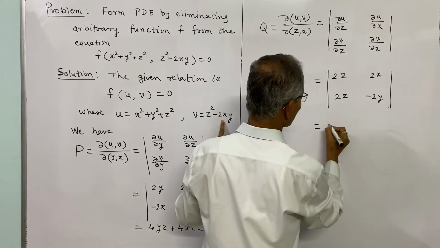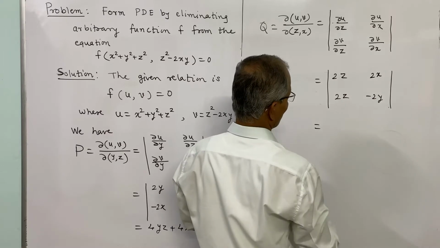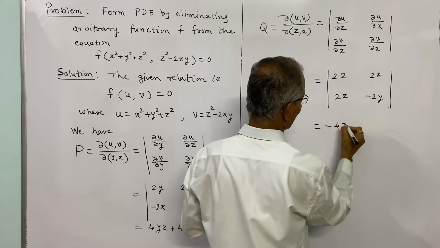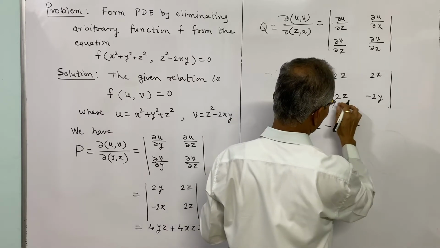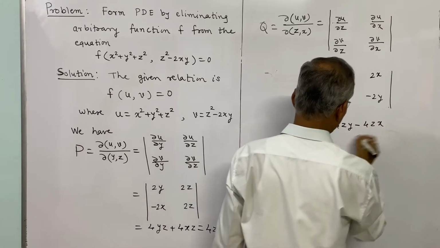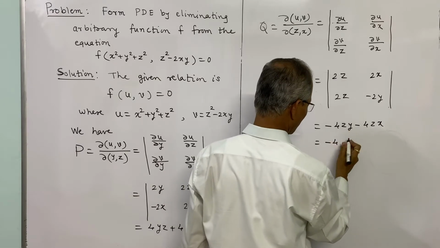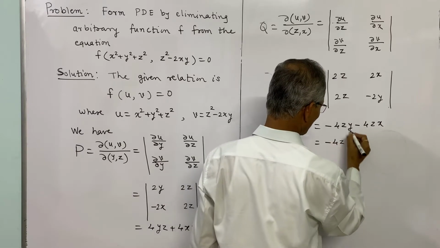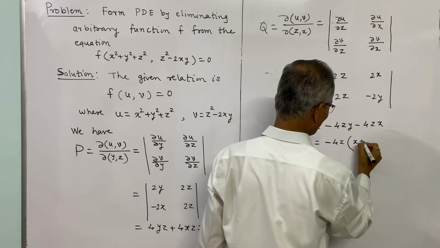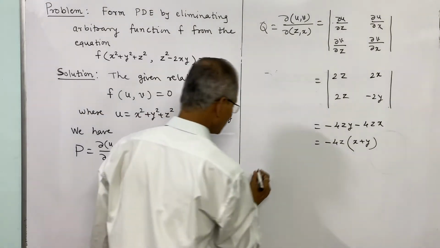Expansion of this: 4 is common, and it is negative 4zy, again minus 4zx, or we may have minus 4 into z common, in bracket what remains is x plus y. So this is Q. Now what remains is R.